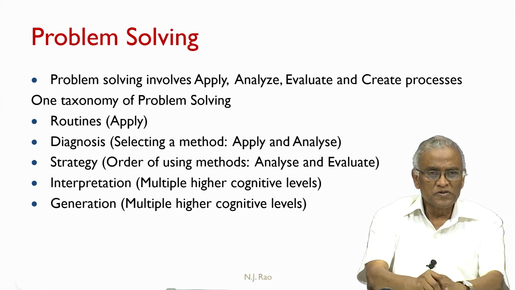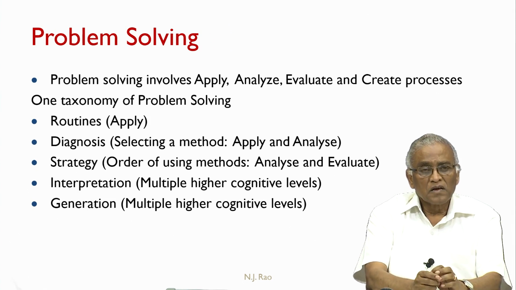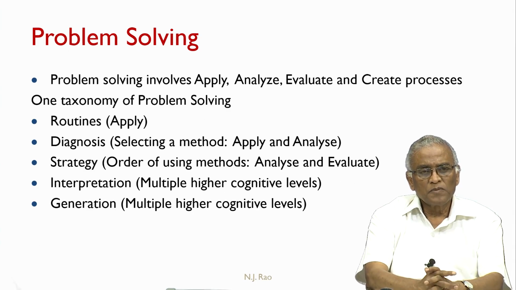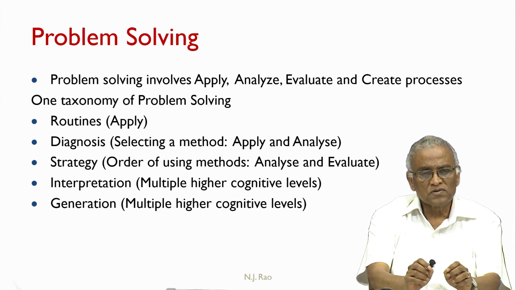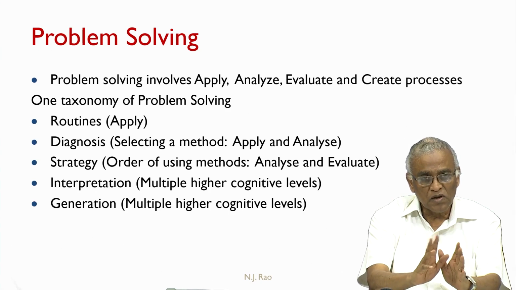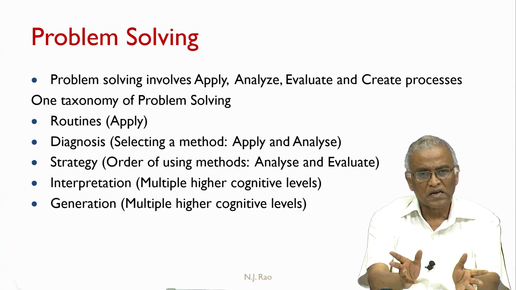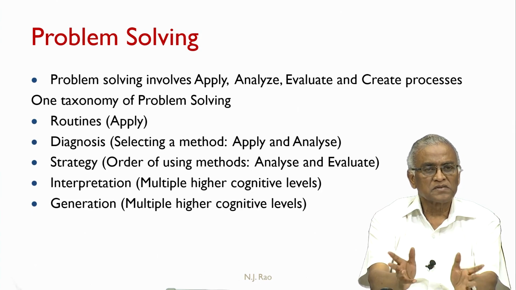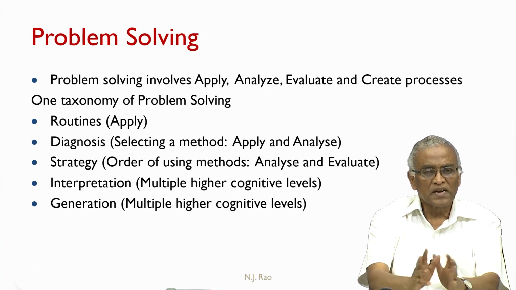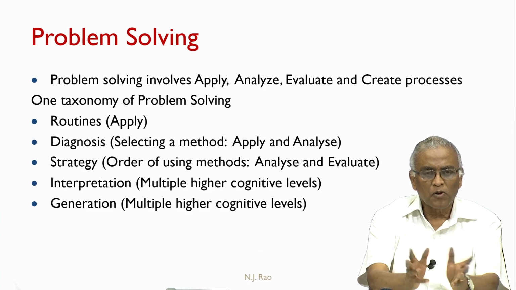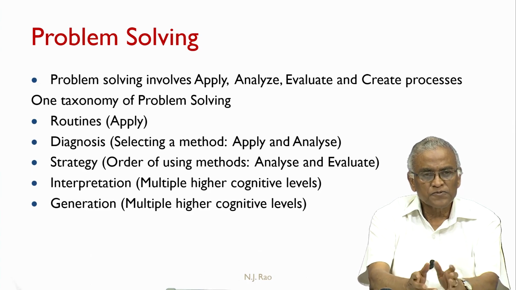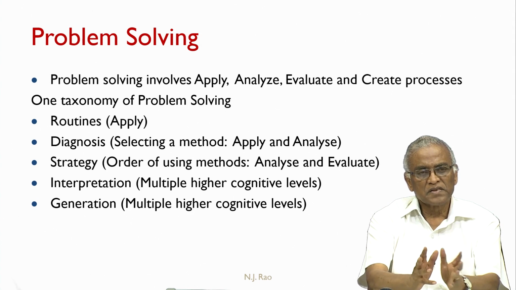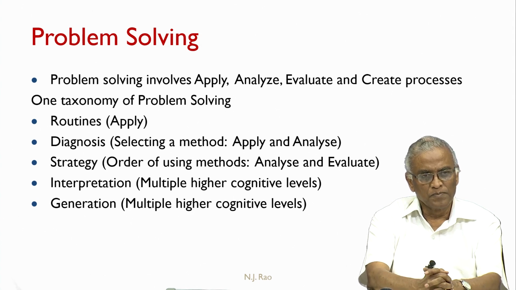Now come to problem solving. If you look at the literature, problem solving is merely used for the category of apply. But sometimes people also talk about problem solving in a much broader sense, where apply, analyze, evaluate and create processes are involved. So to that extent, problem solving is also subsumed under the 6 cognitive levels of Bloom.